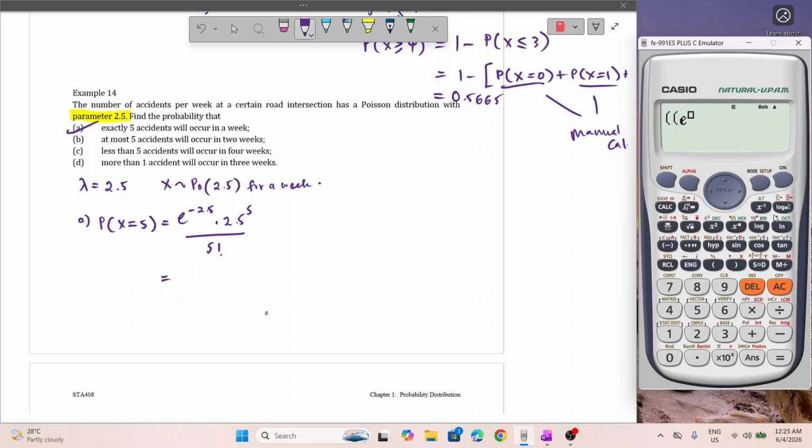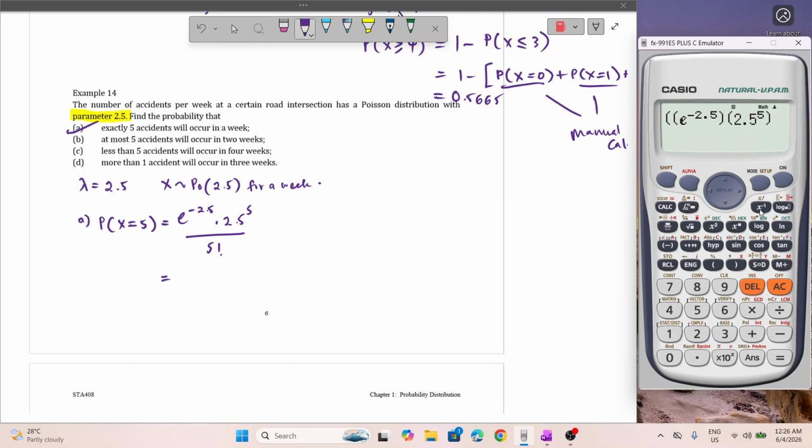Now press negative 2.5 and then close the bracket, open another bracket, then click this button, 2.5 to the power of x. Our x is equal to 5. Now you can close the bracket 2 times.